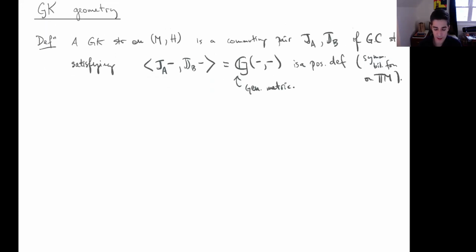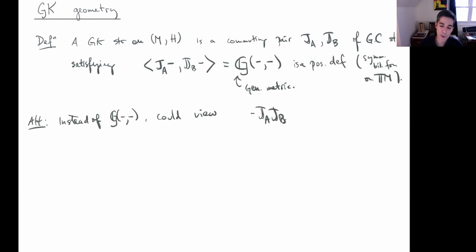And an alternative way of thinking about the metric, we could simply view minus JA JB. Now what I'm doing is multiplying both by JB, because JB is orthogonal, the inner product remains the same.